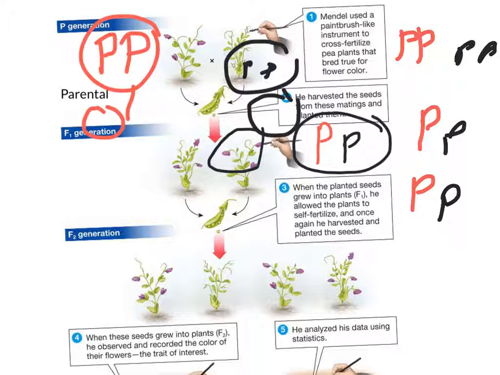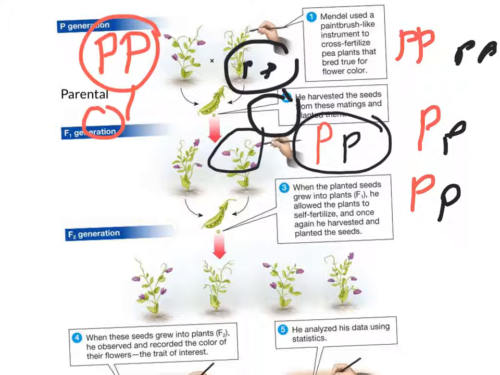So, Dad, in this case, or Mom, could have a large P or a small p. The same thing with the other donor, Mom, large P, small p.